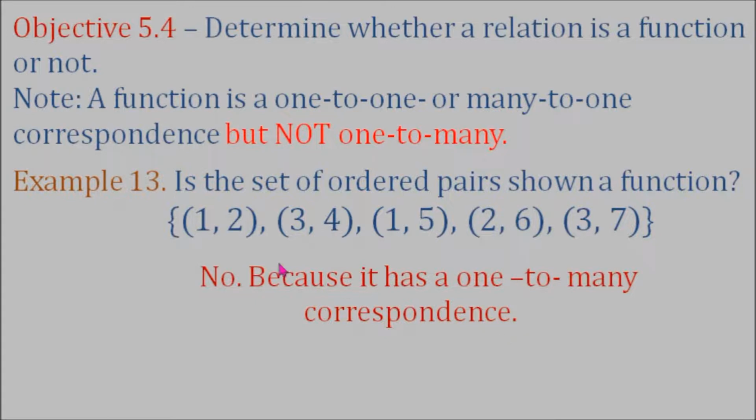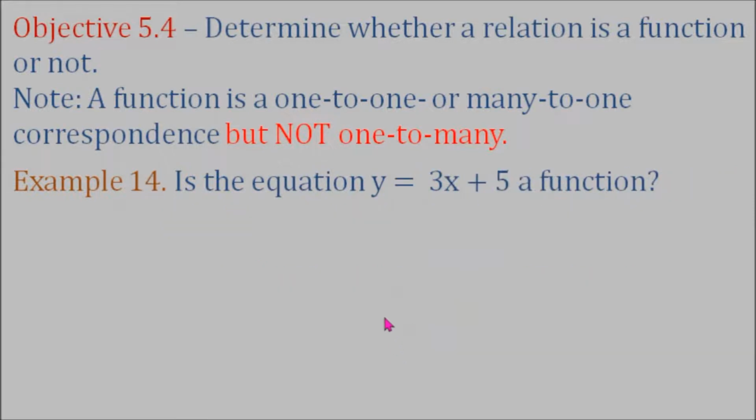Where is that? Notice here that 1 corresponds to 2, and also 1 corresponds to 5. So this is one-to-many. This means if we are given a set of ordered pairs, x cannot be repeated, or else it will give a one-to-many correspondence.